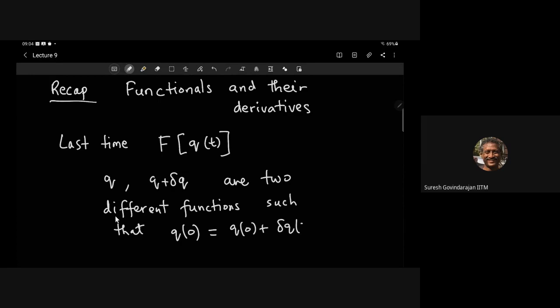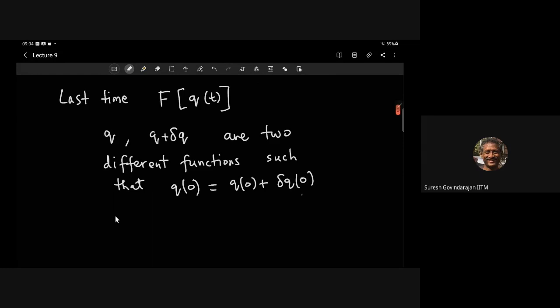So these are kept fixed. So the delta q of 0 should be 0.